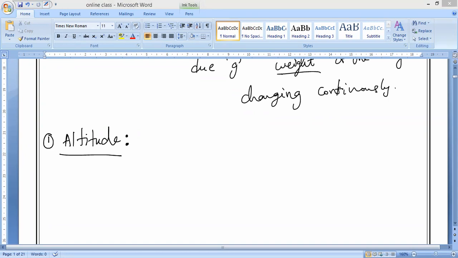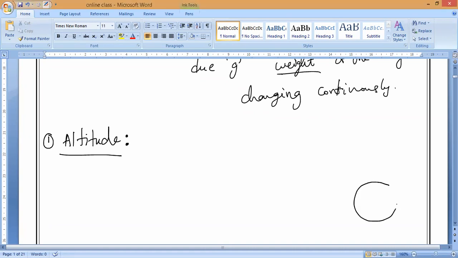Let me draw the diagram. This is the earth, and this is the surface.